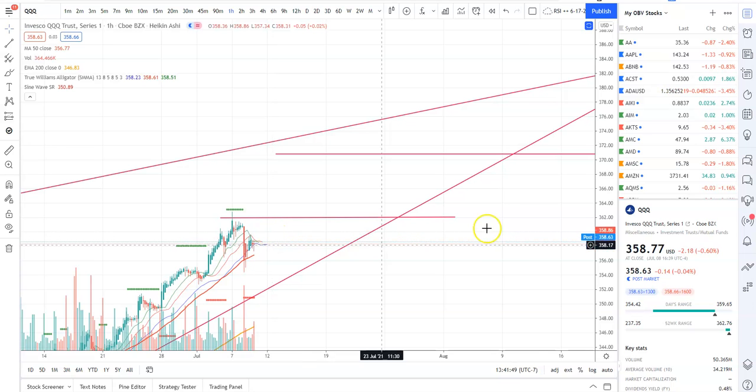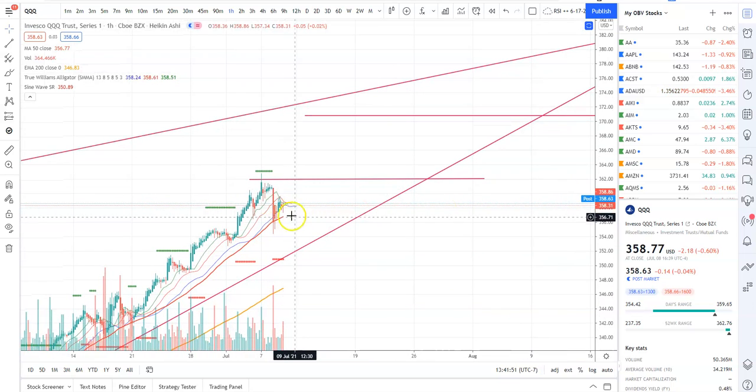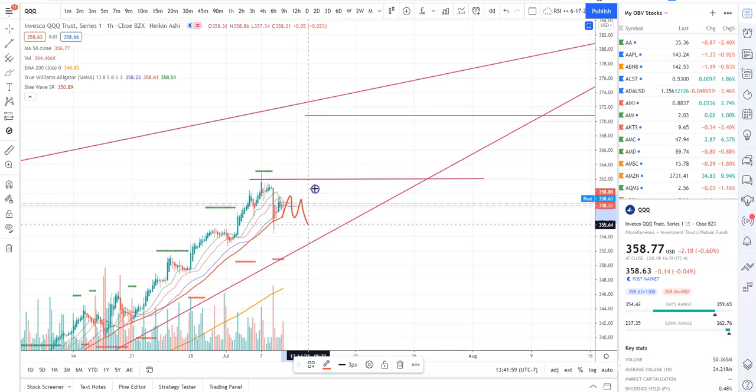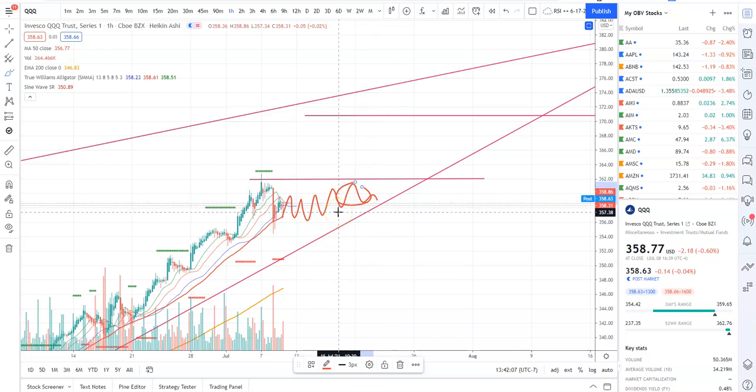What I believe is going to happen here is that we are going to have a pretty shaky, flat, sideways choppy market over the next week or so of trading until somewhere in this level here, maybe 15th of July to 20th of July, we get a break above this resistance line that I set at the opening bell of July 7th, yesterday.